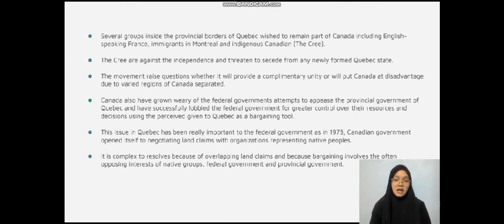Further discussions are underway. Although many of the smaller claims may take several years to resolve, some are complex because of overlapping land claims and because bargaining involves the often opposing interests of native groups, the federal government, and provincial governments.